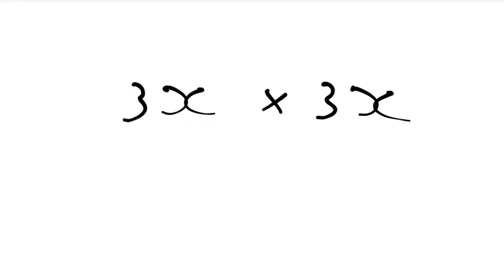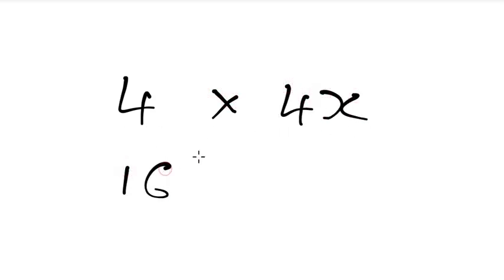Okay. Similarly, but not identically, 4 times 4x: numbers first, 4 times 4 is 16, and then any variables. We've only got x being multiplied in here, and this isn't 0, because 4 times 0 would be nothing. If you wanted to imagine something here to multiply with the x, just imagine 1.